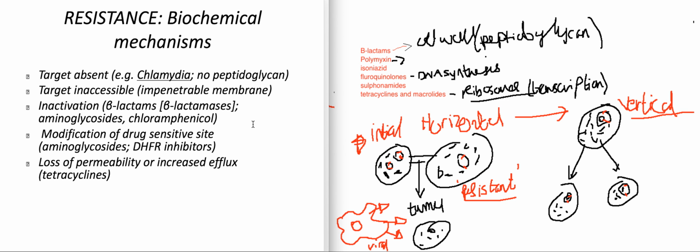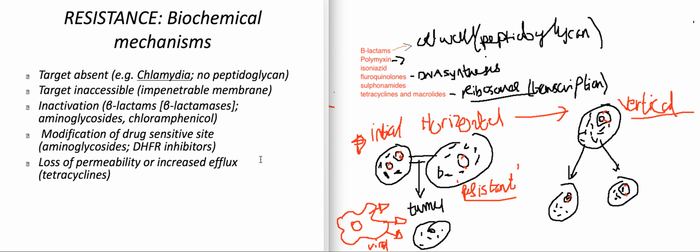Inactivation is another process. By this I mean the beta-lactamase enzyme breaks down the beta-lactam ring, which makes the antibiotic inactive. So it makes the beta-lactams, aminoglycosides and chloramphenicol inactive. Then there is modification of the drug-sensitive site, so modification of where the drug binds. And loss of permeability or increased efflux proteins.